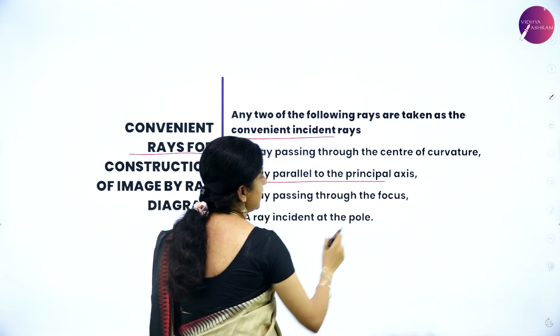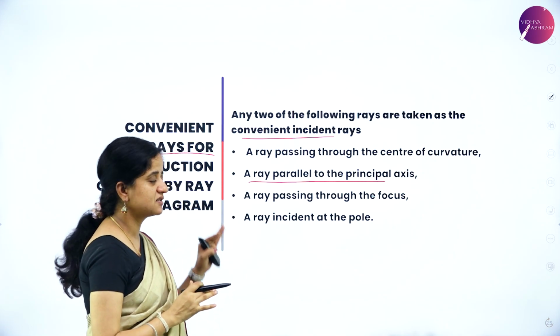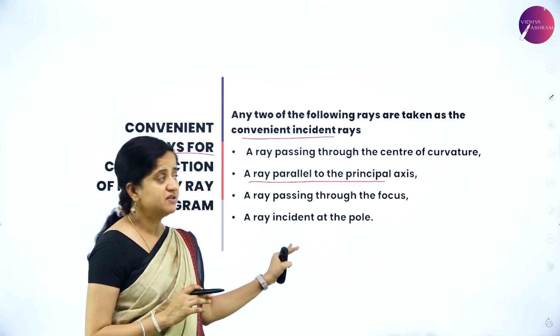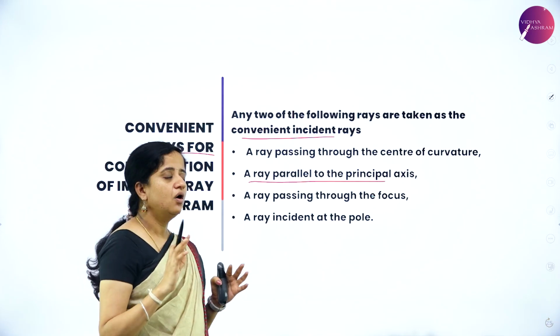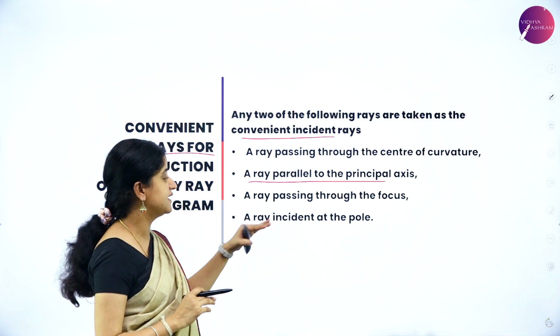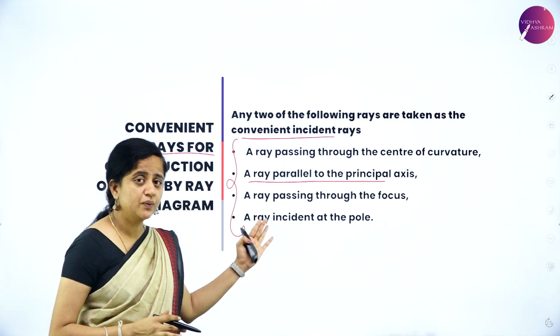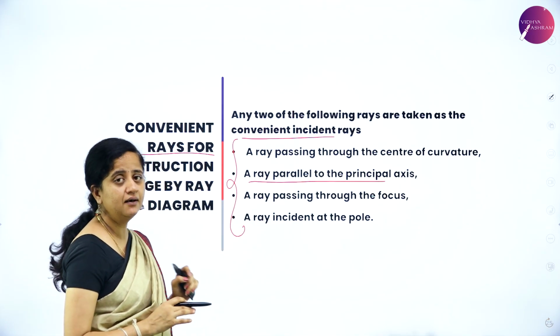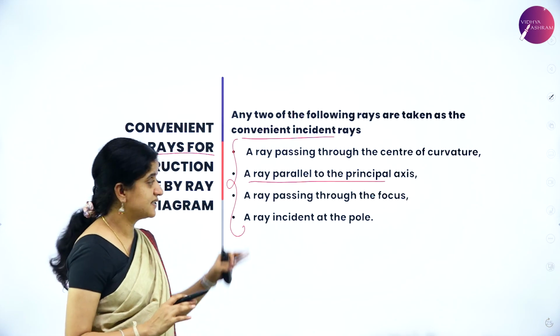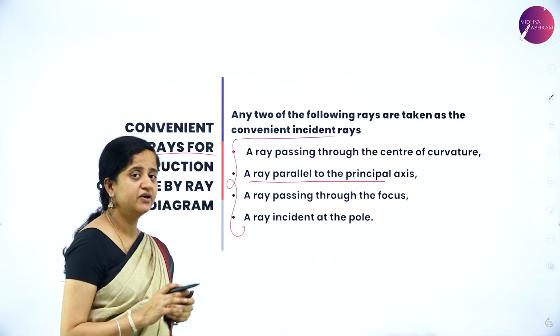A ray which is parallel to the principal axis is also convenient. A ray which is passing through the focus, or a ray which is incident at the pole. So these are the four convenient ways. Any two ways can be considered to draw the ray diagram. Let us understand all these things with the help of diagrams.